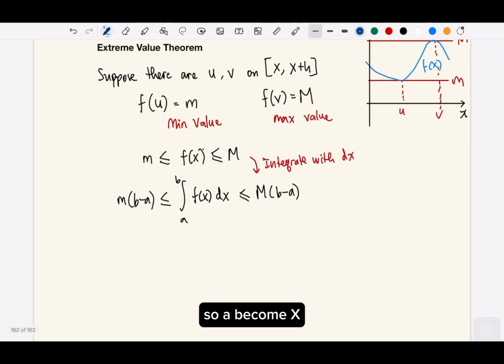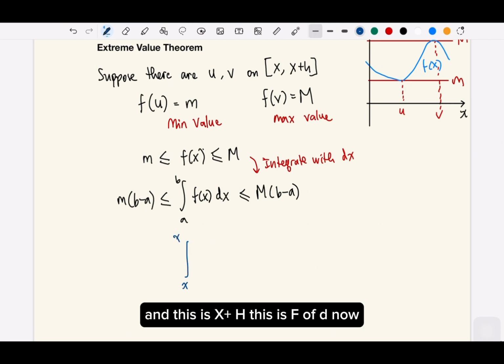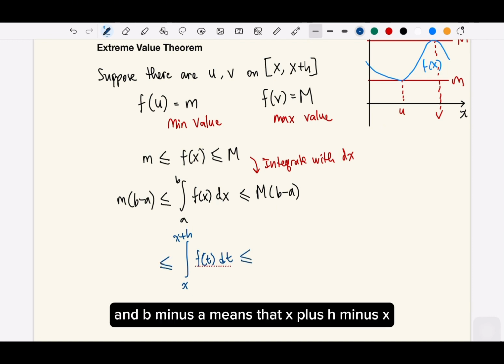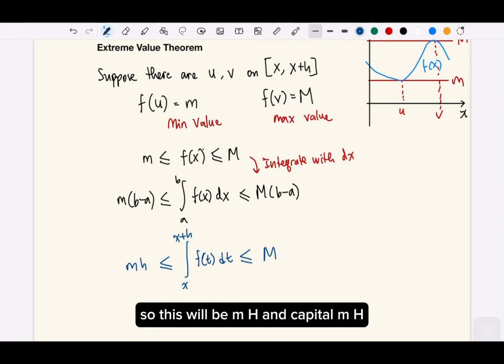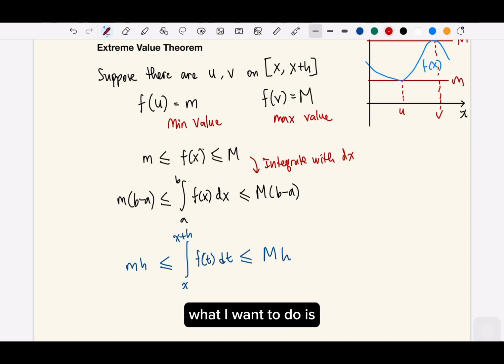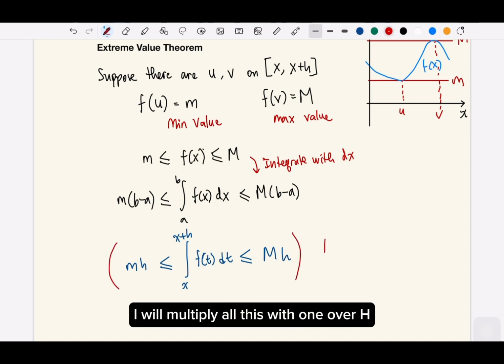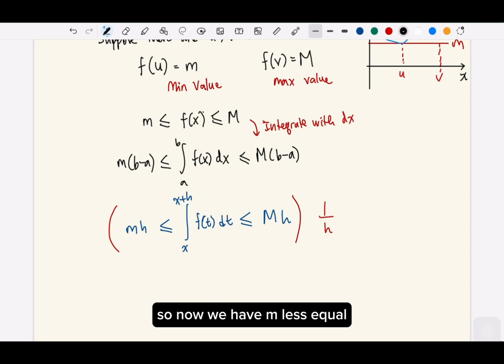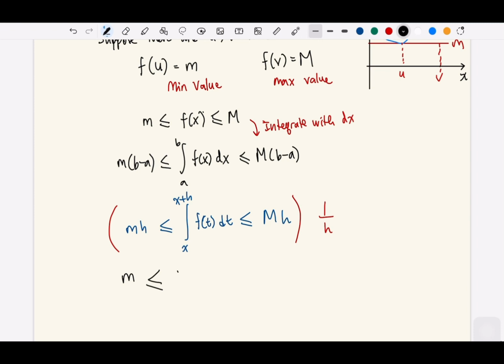So a becomes x, and this is x plus h. This is f of t now. And b minus a means x plus h minus x, so it's just h, right? So this will be m h and capital M h. What I want to do is multiply all this by 1 over h, and h is a positive number. So now we have m less than or equal to 1 over h.